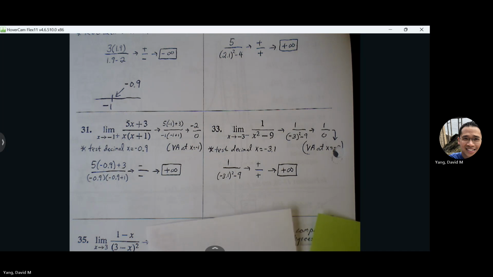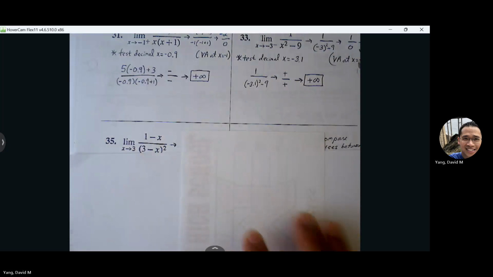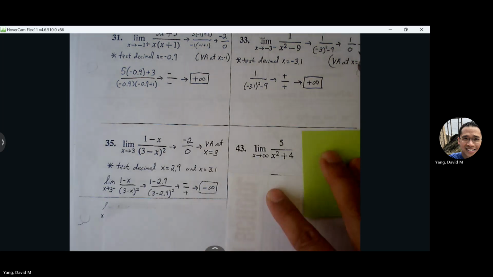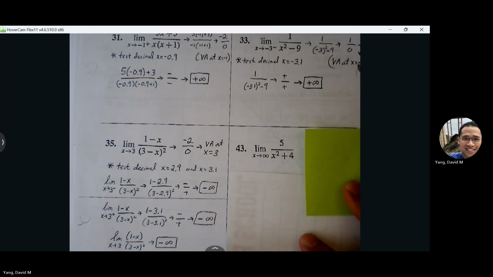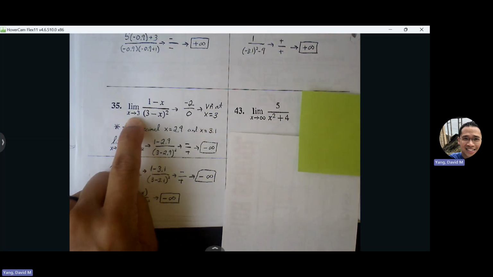35. So 35, it's not asking for a one-sided limit.